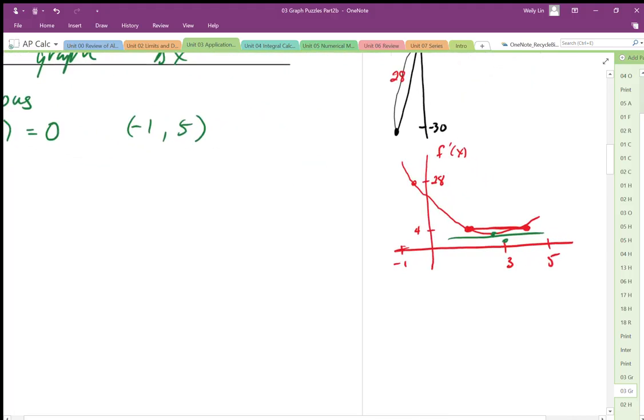Even if it's curved like this, no matter how we draw it, if it's smooth and continuous between these 2 points, which it is because it says it's twice differentiable, we know that there must be some point in between these two values, and by extension we can say that it's somewhere between -1 and +5, because we know that these 2 points could exist anywhere from -1 to +5.